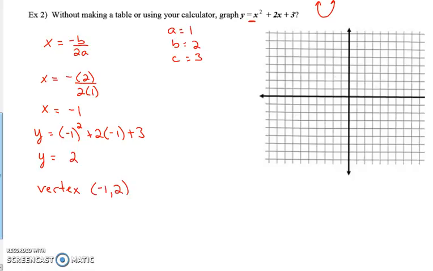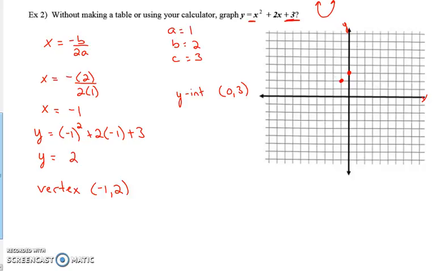So when I come over to my graph, I'm going to label my x and y axis and plot -1, 2 for my vertex. And remember, I know that this is a smiling parabola, so my parabola is going to open up. Now, the other point that I know is the y-intercept. Because I'm in standard form, I know that the y-intercept is at 3. So I'm going to plot another point on the y-axis at 3.